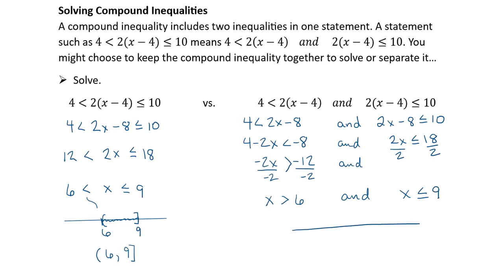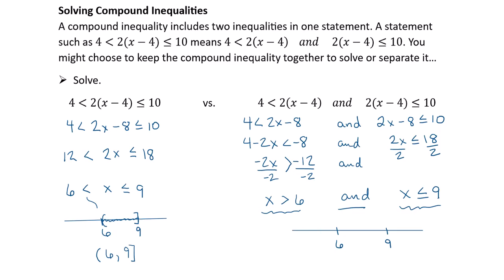When we think on the number line, go ahead and put your values there. And think about where on the number line we would be greater than 6 and less than or equal to 9 at the same time. These numbers are not going to be greater than 6, so we don't even worry about those.